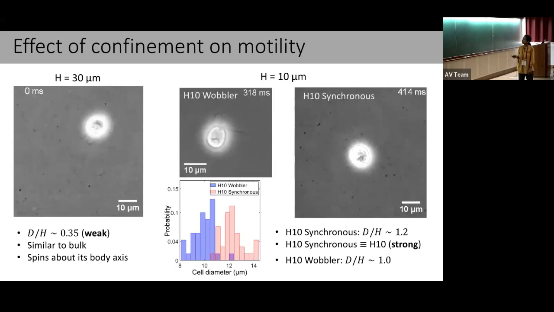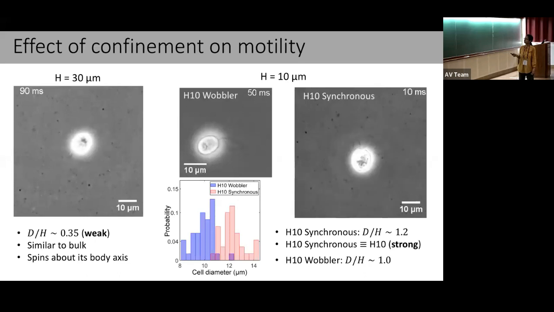The two kinds of behaviors, wobbler versus synchronous, are mainly a function of cell diameter. When the cell diameter is the same as the chamber height or larger, you get really synchronous movement of the cell, and below that you get the paddlers or the wobblers.